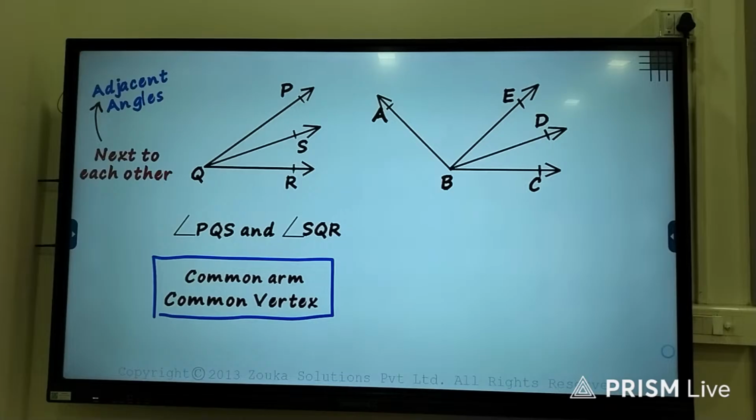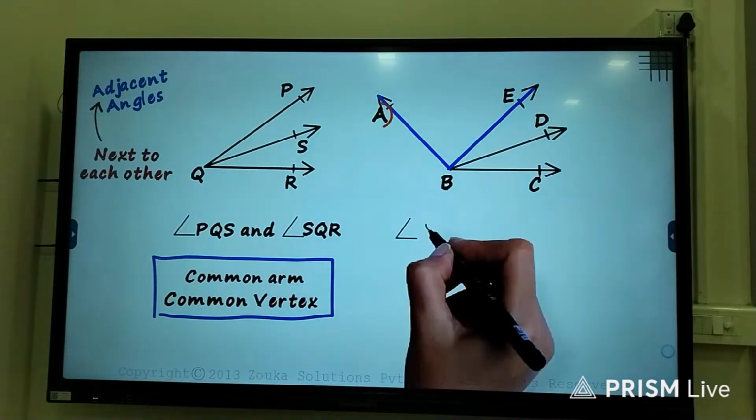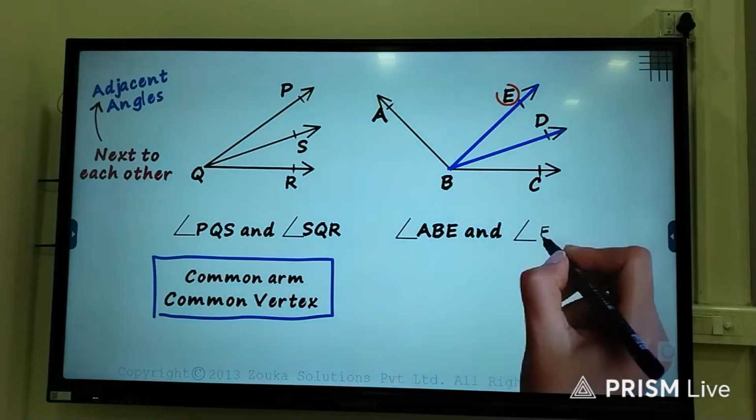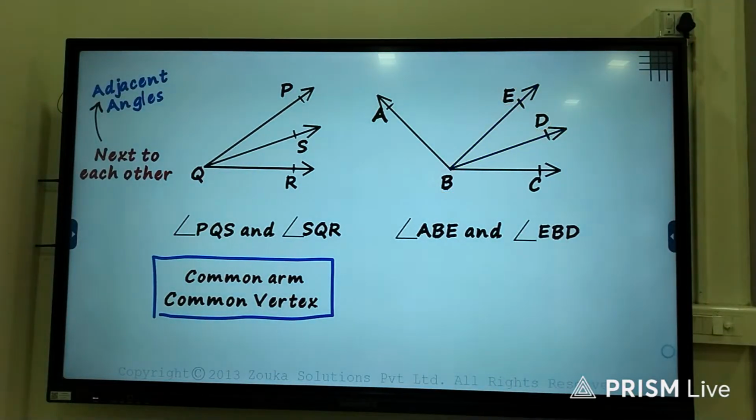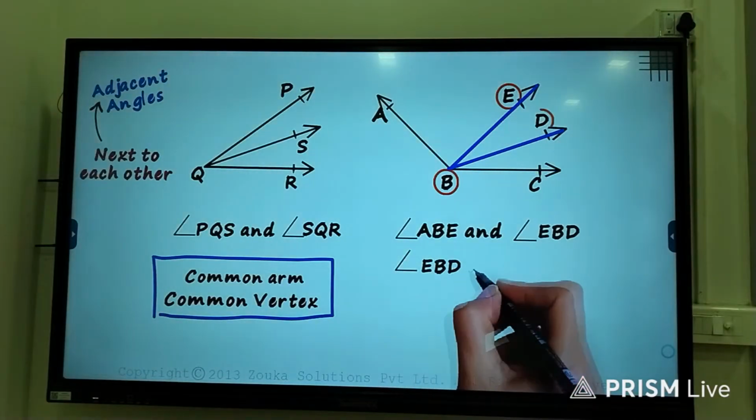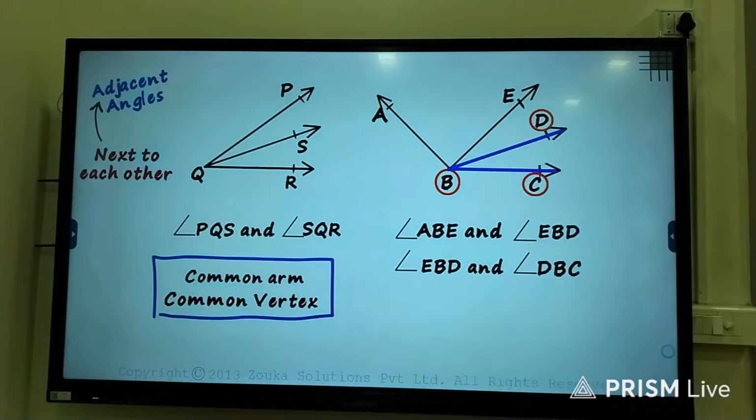Okay, here we go. The first pair of adjacent angles I will produce in the figure will be these two, angle ABE and angle EBD. You can see that they have a common arm, ray BE, and a common vertex B. The second pair I will achieve is this angle and this angle, angle EBD and angle DBC.